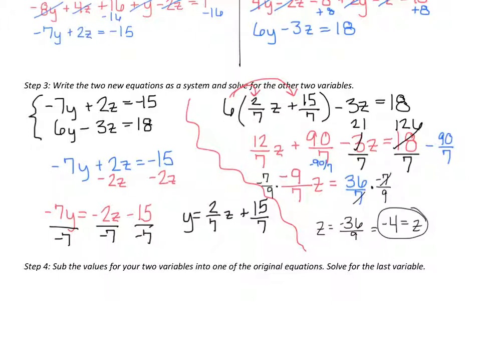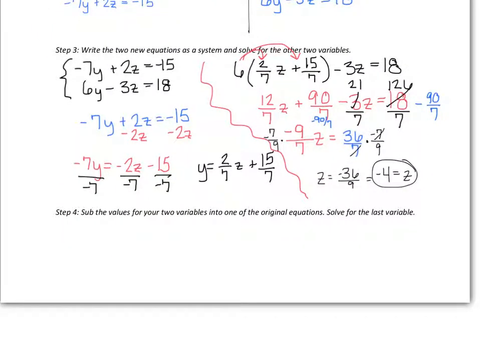All right, so now take that z and where should we plug it in to figure out y? The one that says y equals. Right there. So, we'll have that y equals 2 over 7 times negative 4 plus 15 over 7.